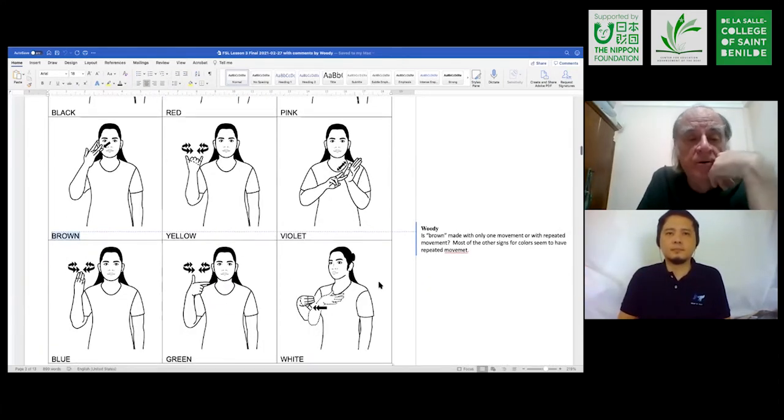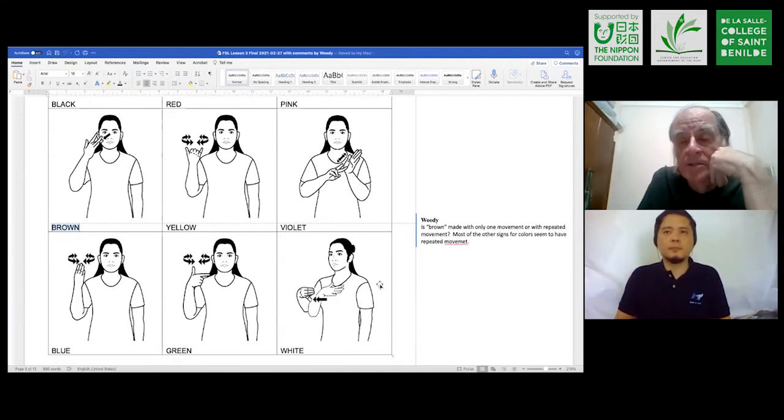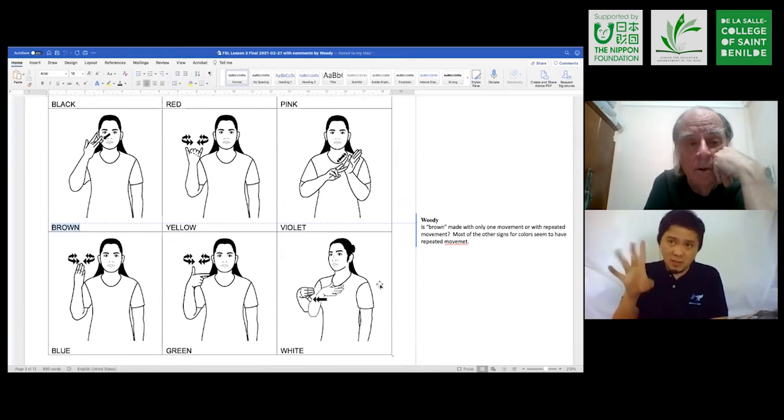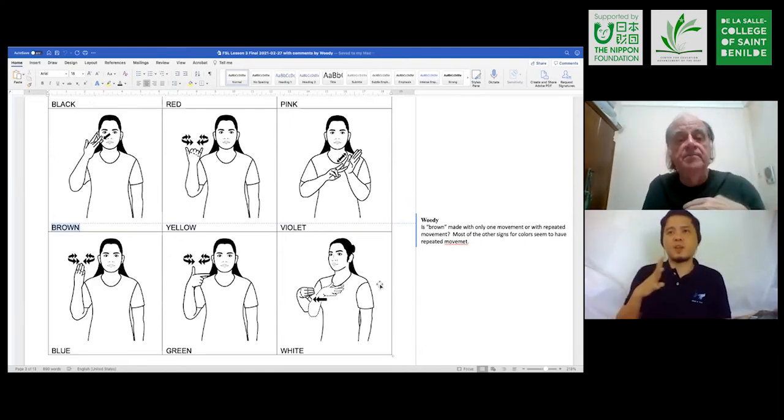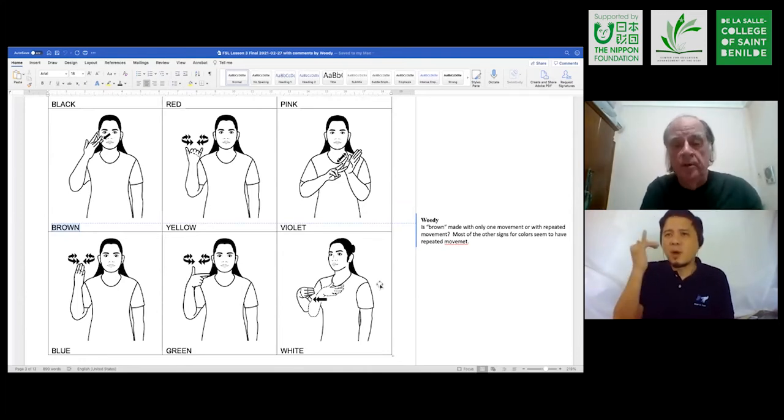And I just want to confirm that brown is made with only one movement. Looks like it's done like this. Yes, one movement. Okay, that's fine. I ask only because many of the other colors have more than one movement. So that's fine. Jacques, you can just ignore that comment.